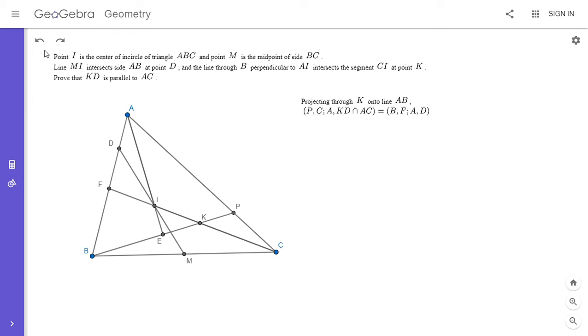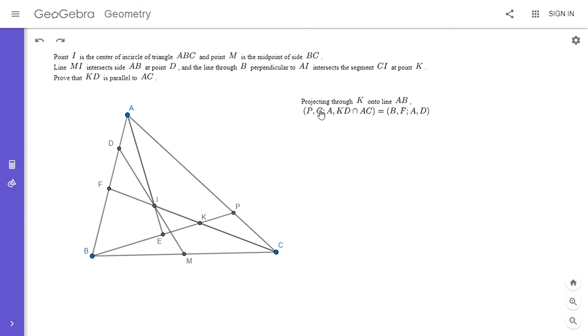Wherever they intersect, we project that point through K. If we draw the line through K and see where it intersects AB, it intersects at point D. And if we project P through K, it goes to point B.